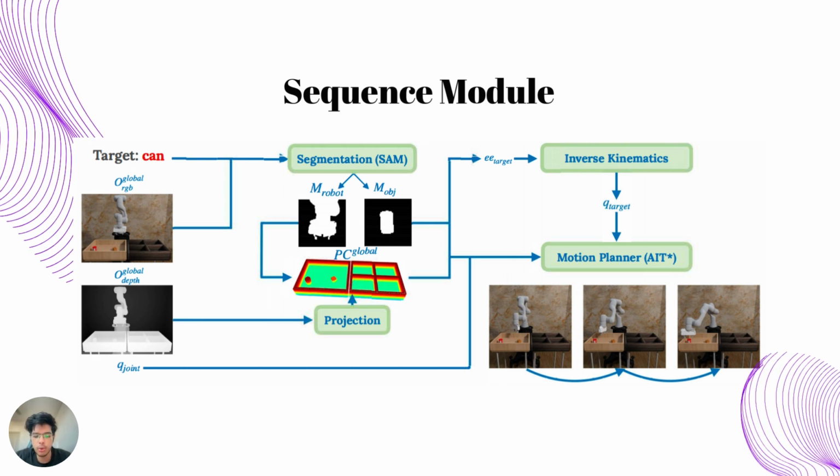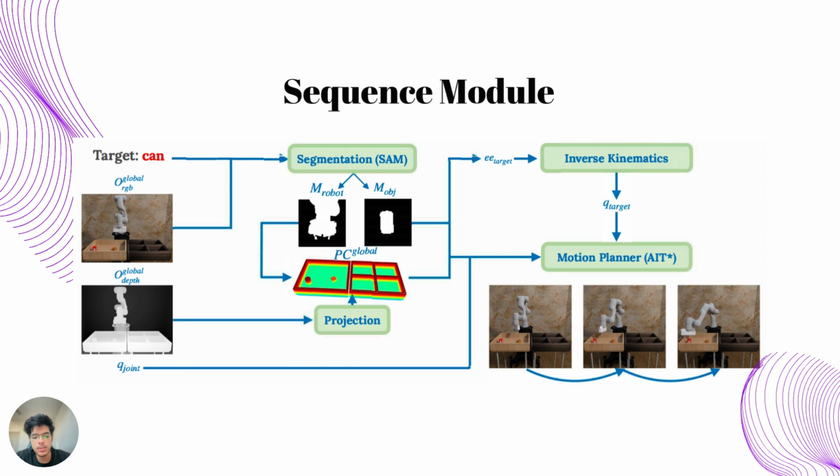After receiving the broken down steps or plans from LLM, the sequencing module determines the robot's poses for movement. This module consists of two main components, vision estimation and motion planning. The vision estimation part uses two calibrated depth images of the scene to generate a global view.